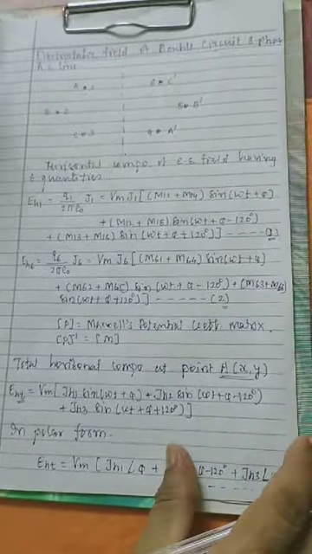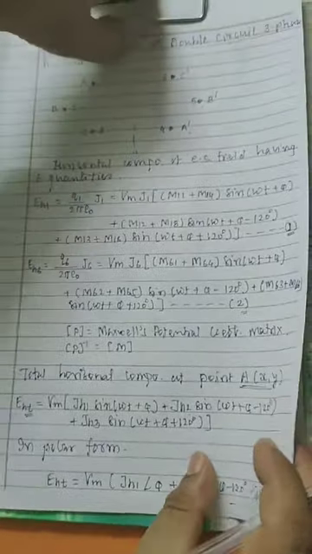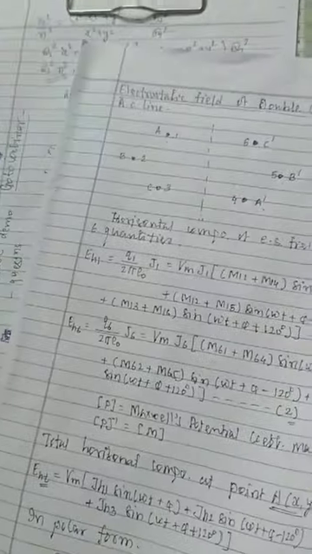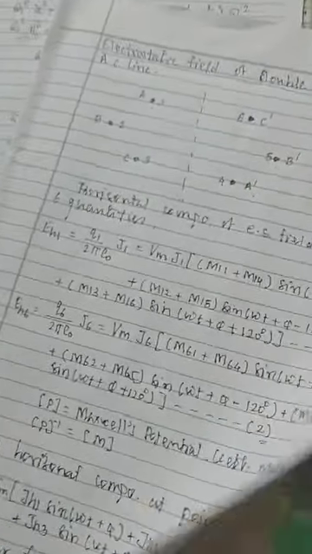So three quantities JH1, JH2, JH3 are calculated. We obtained JH1, JH2 by adding the coefficients vertically of the above equation.